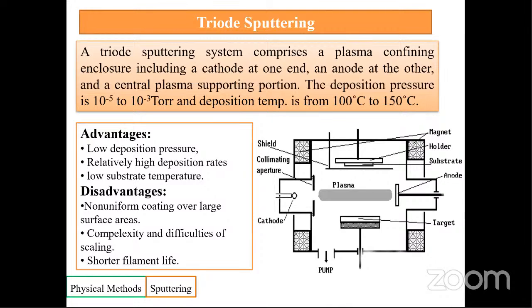If the surface area is very large, there may be a uniformity issue, with different thicknesses at some places as we reach outward on the substrate. There is also complexity and difficulty of scaling, and a shorter filament life.